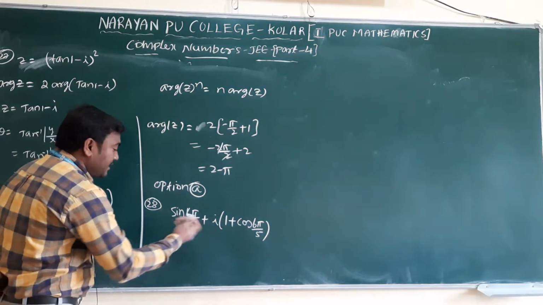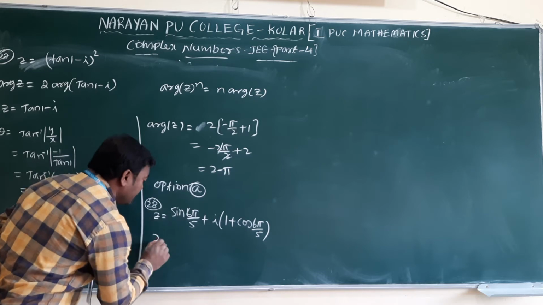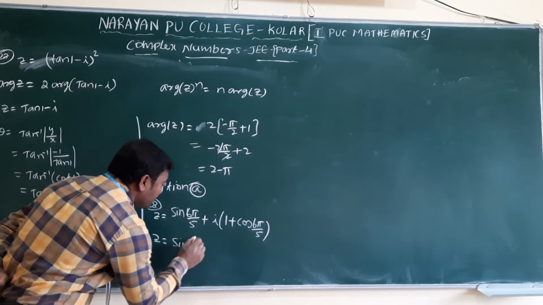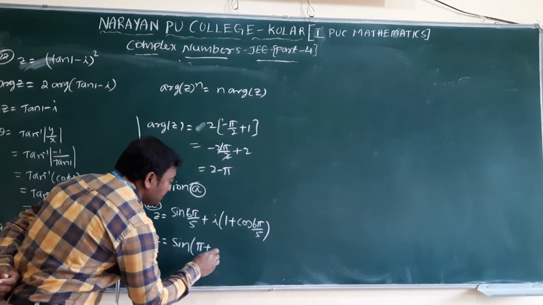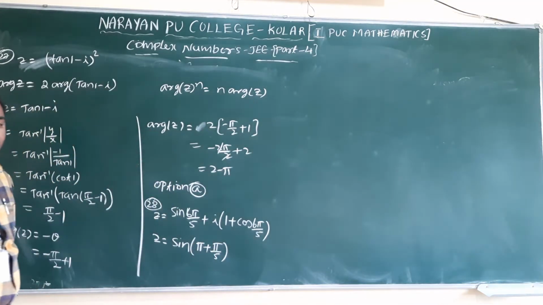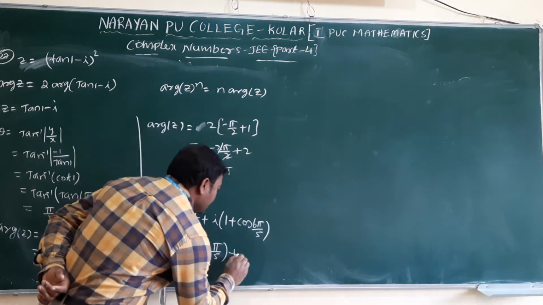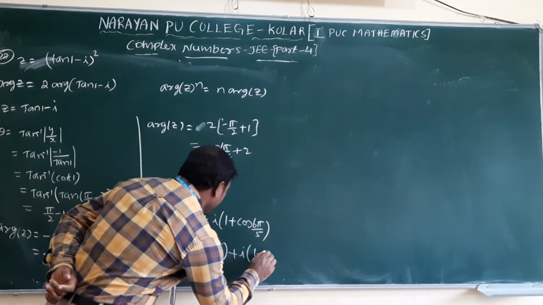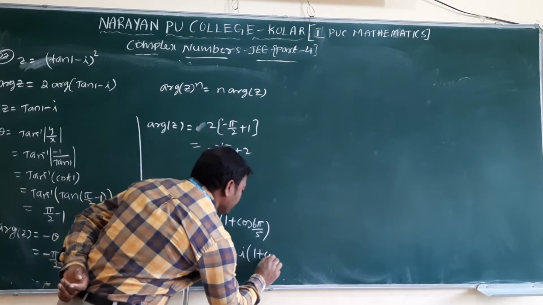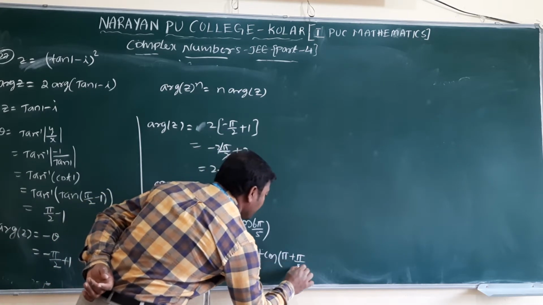Here it can be written, taking z as this, z = sin(π + π/5) + i(1 + cos(π + π/5)), which is the same thing as 6π/5 after taking the LCM.